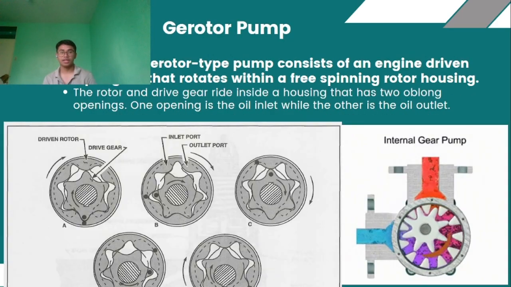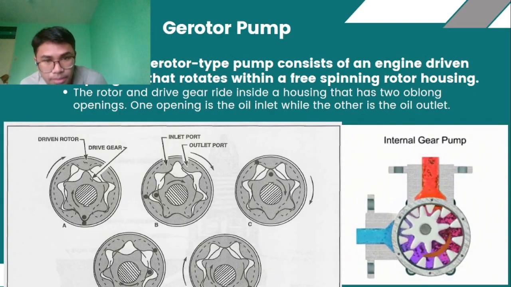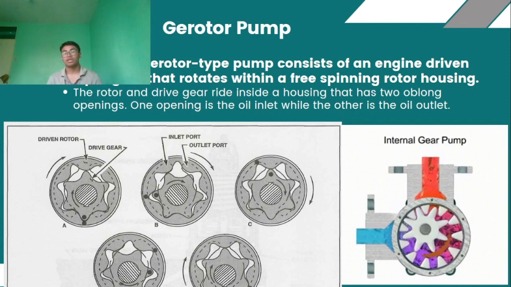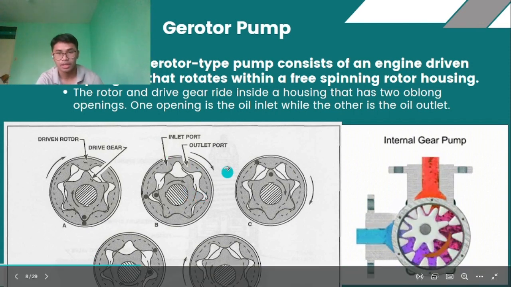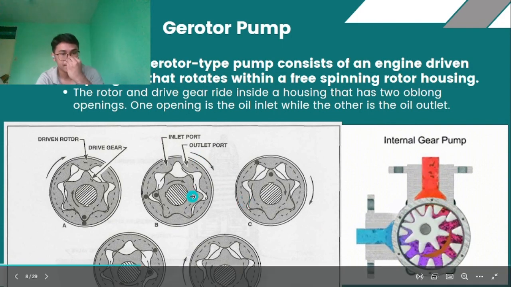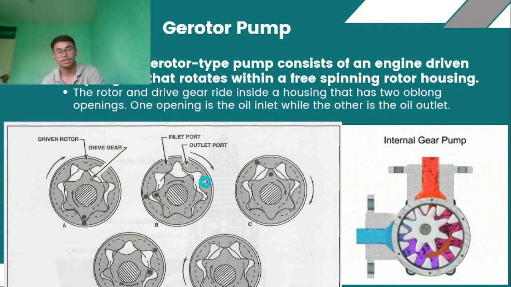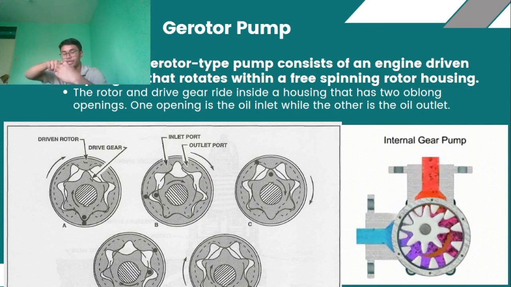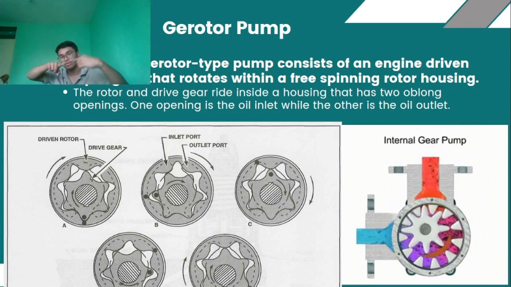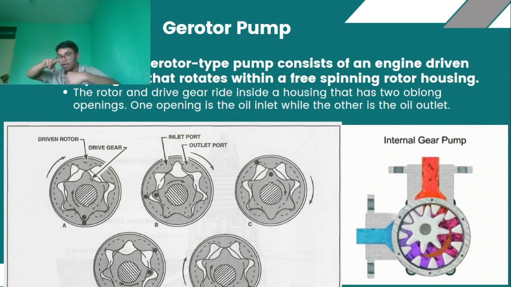So, sa gerotor pump naman is consist siya ng spur gear. Ito ang spur gear. Tapos a housing. So, yung housing niya may teeth. Then, yung spur gear is may teeth. So, ganito ang mangyayari dyan. Ito ang spur gear. Ang housing ang naikot. Bali yung housing ang naikot.